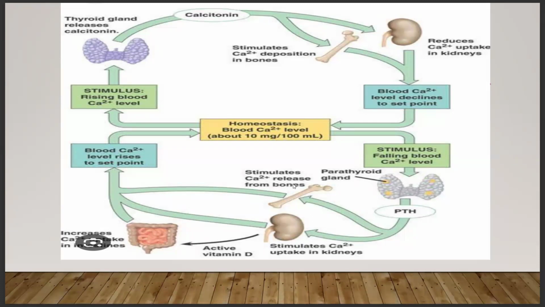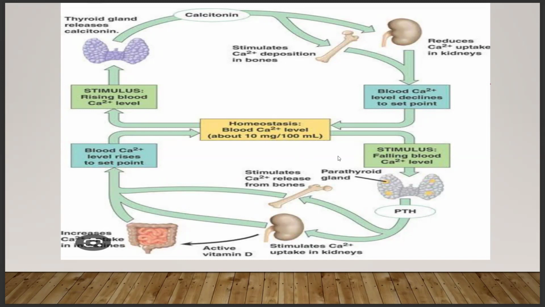So by three mechanisms: bone resorption, which increases the release of calcium from the bone; stimulation of calcium 2 plus uptake in the kidney; and increased uptake of calcium 2 plus in the intestines, the parathyroid hormone tries to increase the blood calcium level in response to the stimulus, that is, the falling blood calcium level.